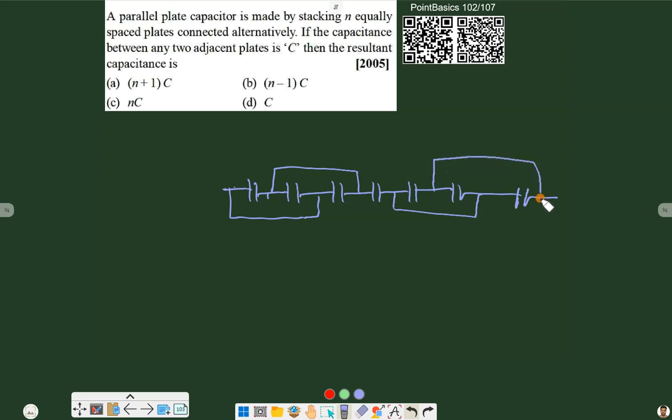When they are alternatively connected, this connection behaves like a parallel connection. If we are given n capacitors, this behaves like n minus 1 capacitors in parallel. So if we have n minus 1 capacitors of capacitance C in parallel, their final capacitance will be n minus 1 times C. So option B will be the right answer.